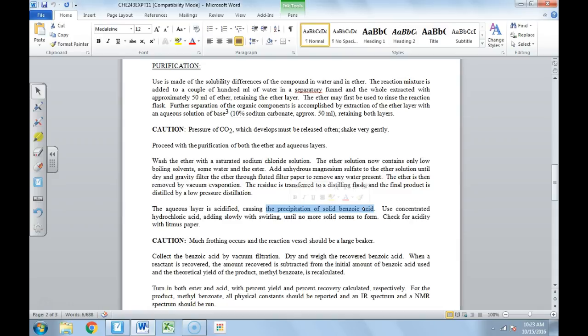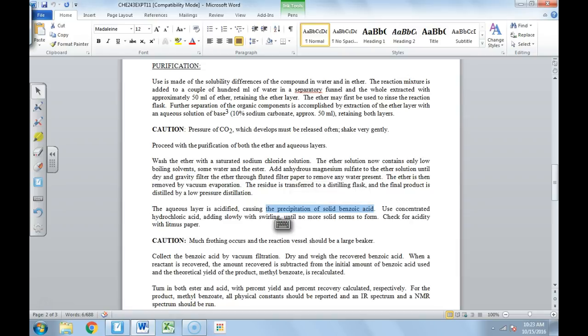Now, it's possible, hopefully not, well, hopefully yes, but it's possible that you get no precipitation. It kind of depends on how much water you use. Benzoic acid is slightly soluble in water, so I think it's soluble in something like 3 grams per liter. So just keep that in mind.